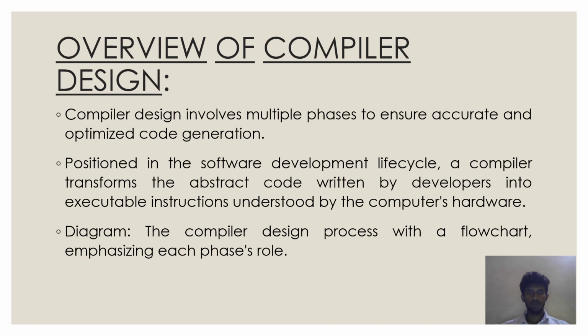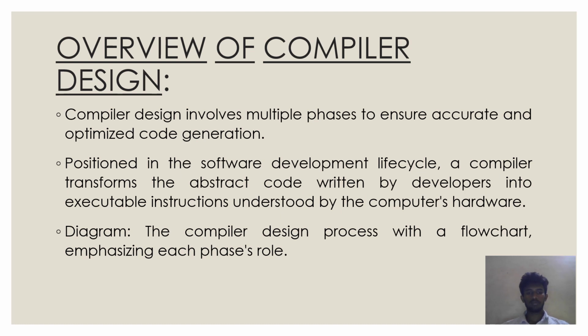Let's move on to the overview of compiler design. Compiler design involves multiple phases to ensure accurate and optimized code generation. In the software development life cycle, a compiler transforms the abstract code written by developers into executable instructions that are understood by the computer's hardware.